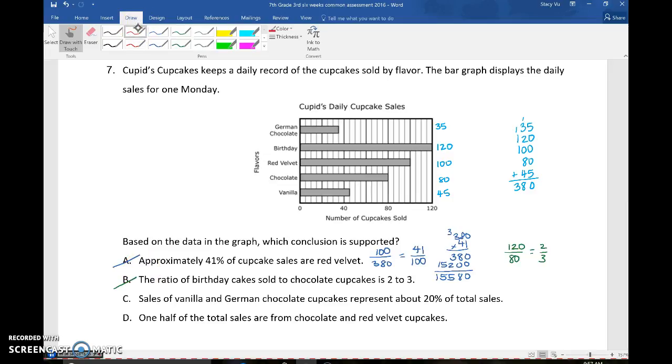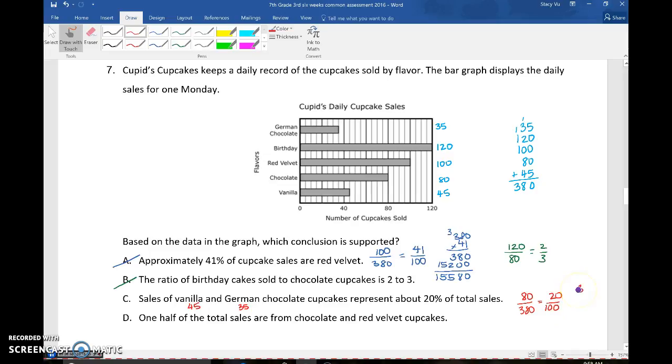All right, C. Sales of vanilla and German chocolate cupcakes. So vanilla is 45, German is 35, so 35 plus 45 is going to be 80. So 80 out of a total of 380 is 20% over 100, is what it's saying.